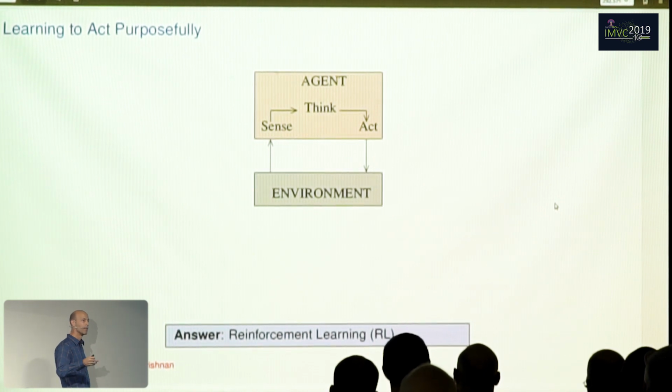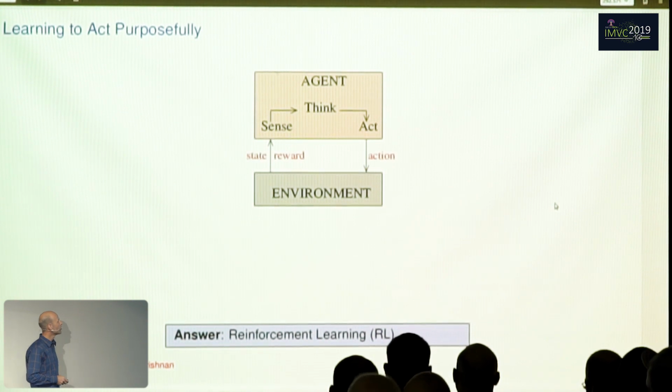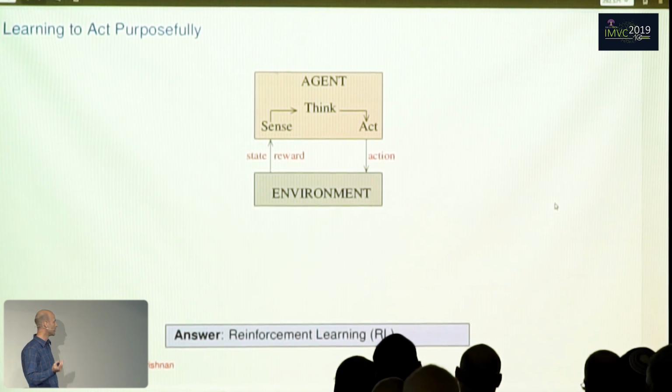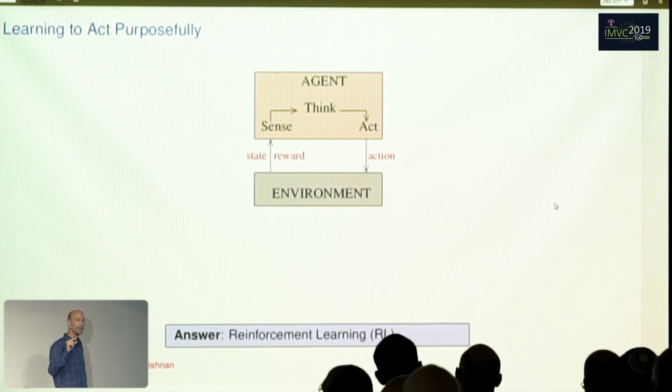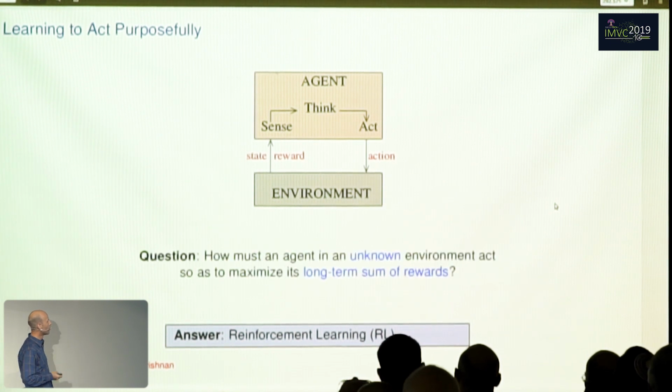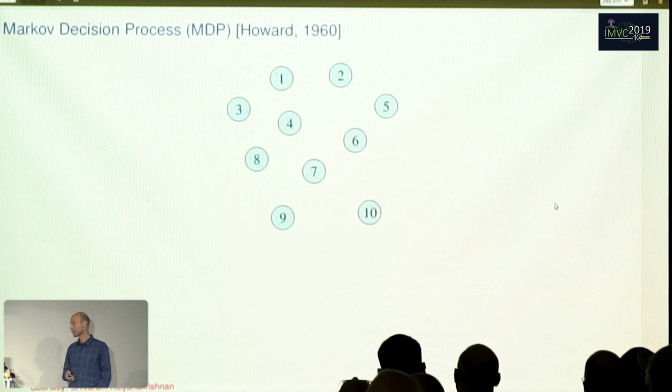And then the environment progresses, and then this loop repeats. More specifically, the agent gets from the environment some representation of the state of its surroundings through its sensors, and also this reward signal, a numeric value that tells it how good the current state or actions are. And in this context, the RL question is, how must an agent in an unknown environment act so as to maximize its long-term sum of rewards?